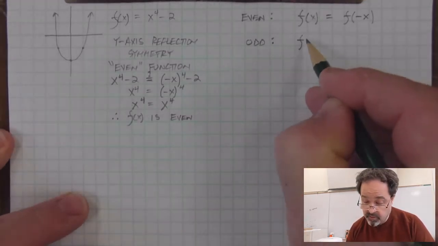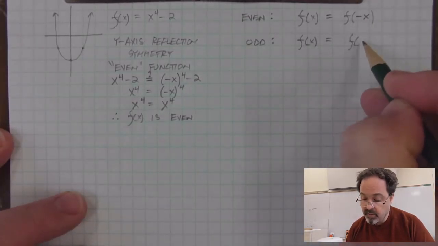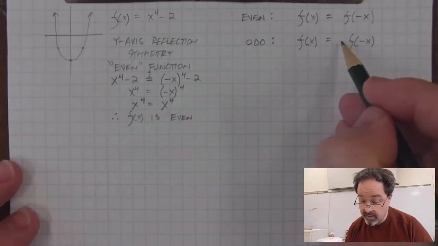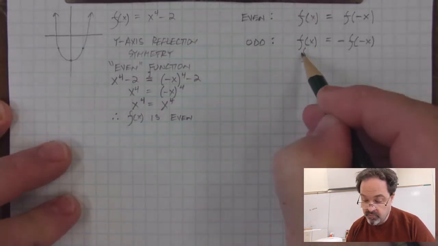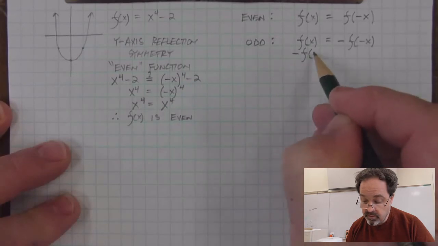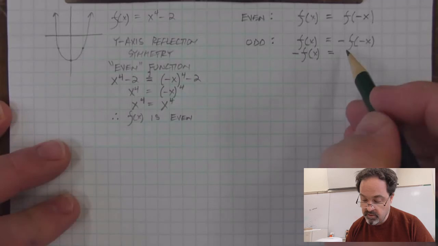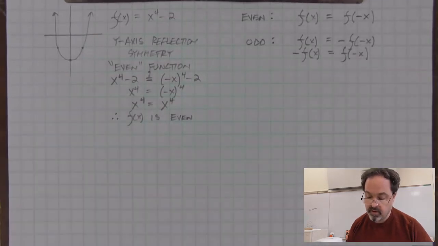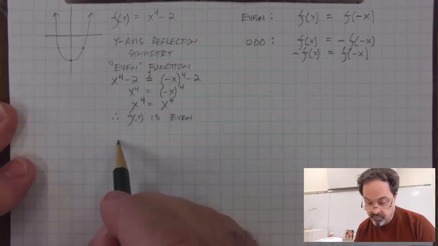The transformation of that is that the function will be equal to itself after making x negative, that's the y-axis reflection, and taking the negative of the entire thing, that's the x-axis reflection. The transformation for odd can also be written this way. The negative of the function, if it is equal to itself after making x negative, then that proves that it's odd.